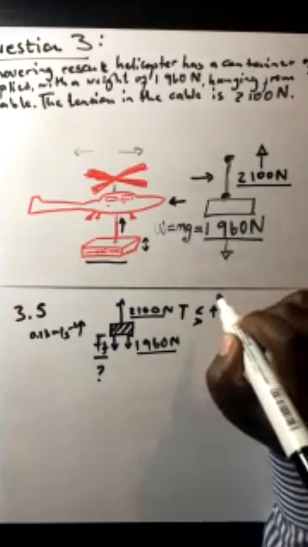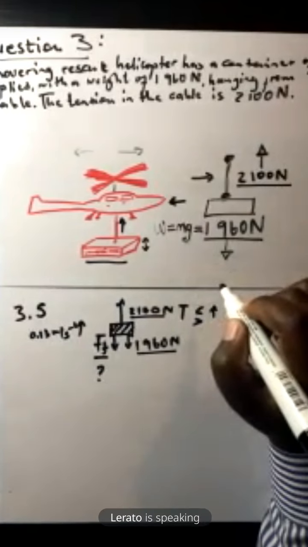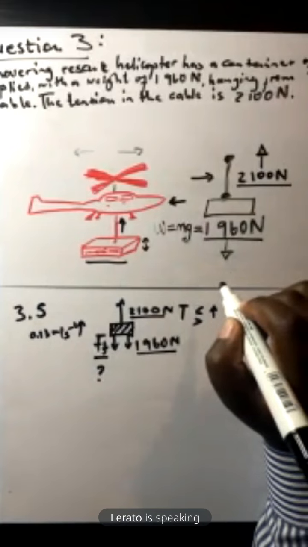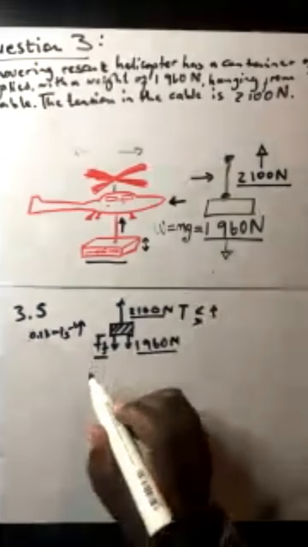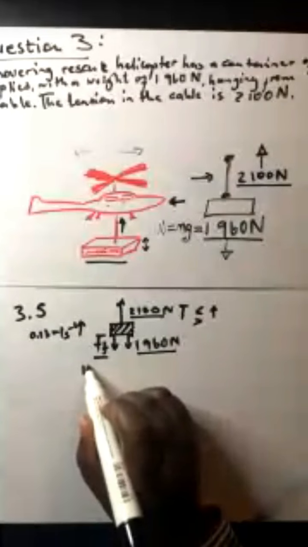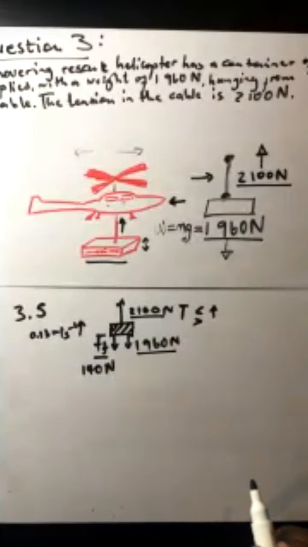So how can we calculate it? It's going to be 2,100 minus 1,960. Then it's going to be 140. So that means the frictional force is 140 Newton. So let's now answer our question.